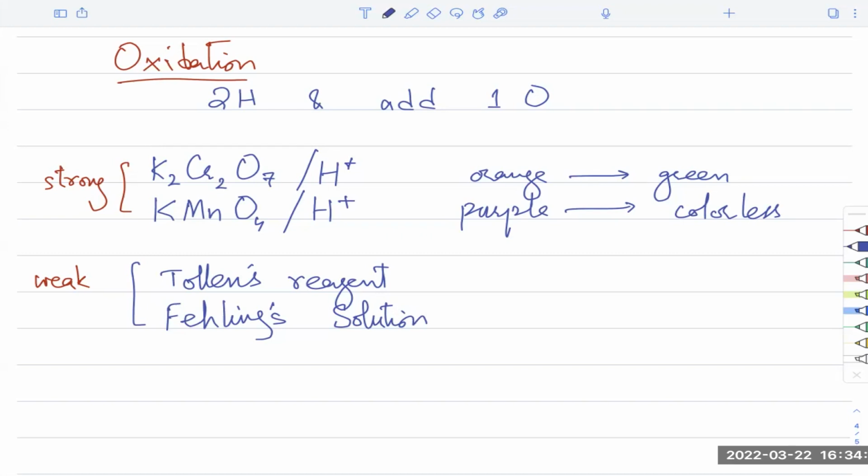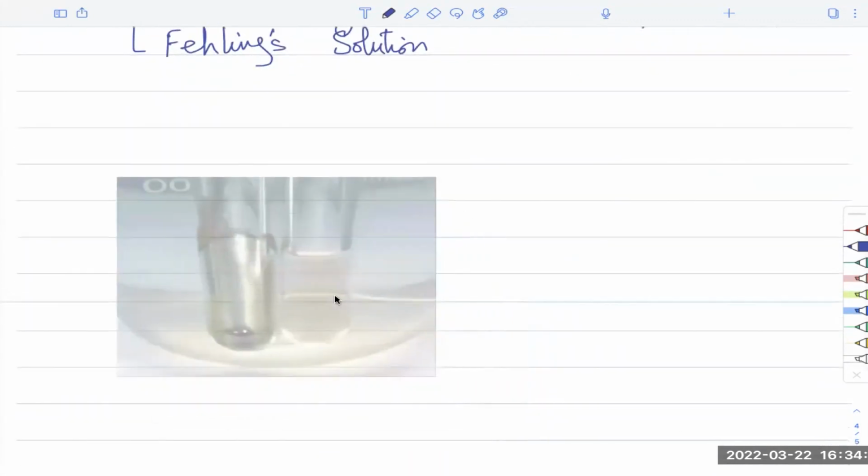Exact working of Tollens reagent or Fehling solution is not required in your syllabus, but just know that the Tollens reagent is also called the silver mirror test. So what it does, it goes from colorless to forming a silver coating, and we call it a silver mirror. So here's a picture from online sources to show you how this works.